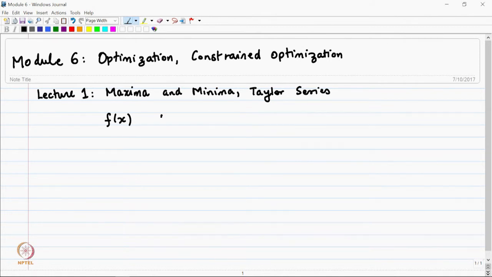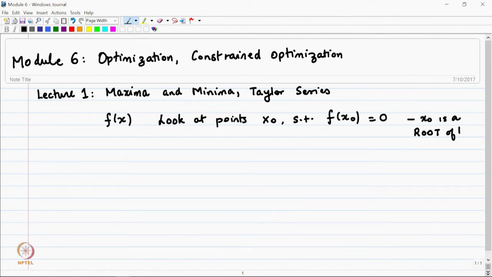If you look at points x 0, there could be many points x 0 such that f of x 0 equal to 0, then that point is called a root. Then x 0 is a root of the function.